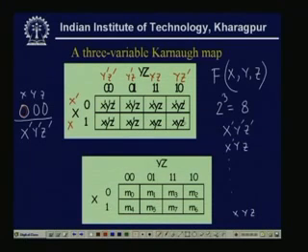Now, if I remember the min term notation, the first element is 0 0 0, means it is m0. Similarly, 0 0 1 means m1, 0 1 1 means m3, 0 1 0 means m2. For the second row, 1 0 0 means m4, 1 0 1 means m5, 1 1 1 means m7, 1 1 0 means m6. So, this is my K-map picture.